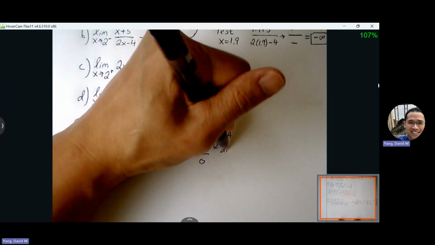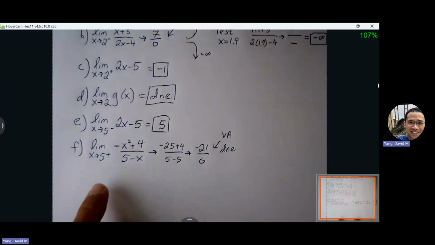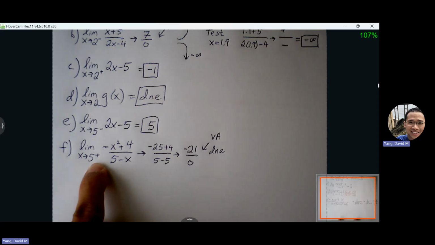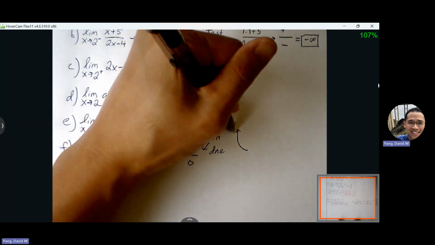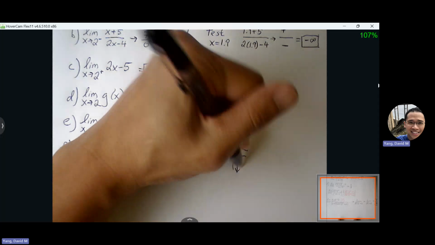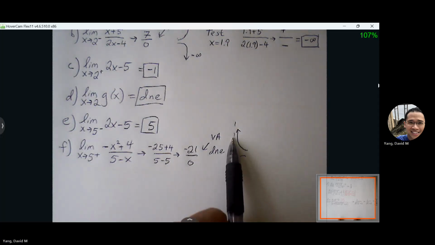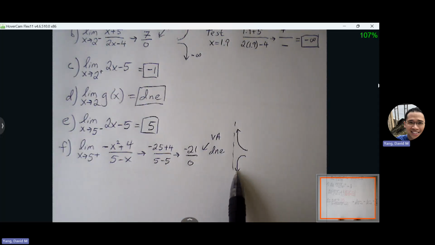You know that the limit doesn't exist, but it's not asking for the full limit, right? It's asking for the approach towards that asymptote from the right side of 5. And that means we're down to 2 options, right? It's doing one of 2 things. It's either headed towards positive infinity or going down towards negative infinity.